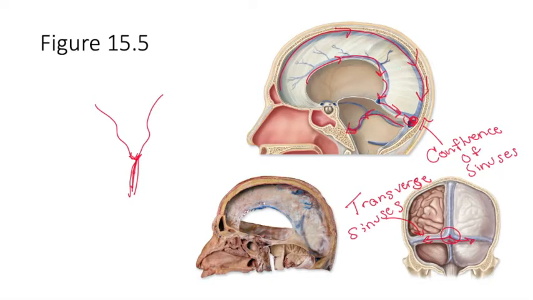So this S-shaped area right here, that one is called the, nice arrow, sigmoid sinus. Sigmoid, maybe if you took geometry or some mathematics, refers to sigmoidal curves. It just means S-shape. That's what sigmoid means. And you can see this has an S shape. So that's a sigmoid sinus.